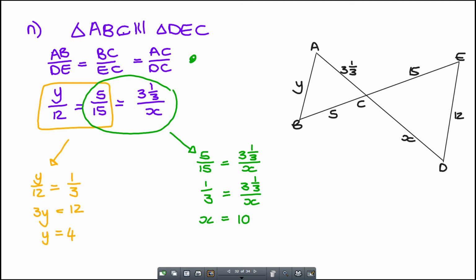Met ander woorde hierdie deel. Ja. Okay. So omdat hy gelykvormig is, nê? Weet jy mos nou dat al sy hoekies is dieselfde, nê? En dan weet jy ook al sy sye is eweredig. Met ander woorde die proporsie waarmee dit groter gemaak is of kleiner gemaak is dieselfde. So nou gaan kykie na hoe dit geskryf het. So ek het gevat AB, met ander woorde daai eerste tweekies.